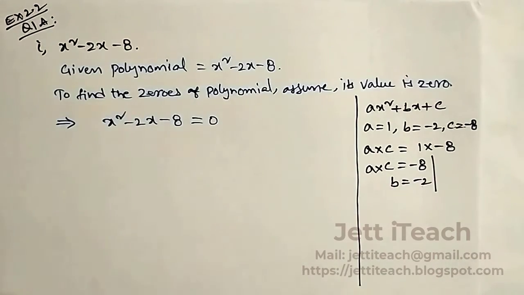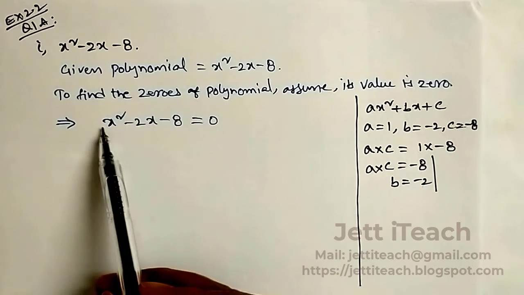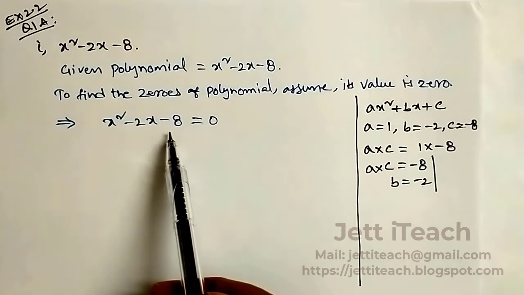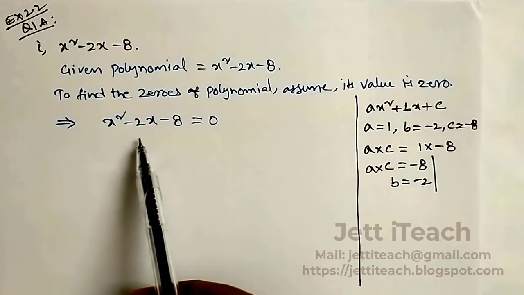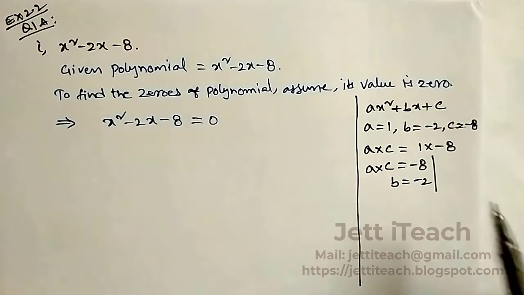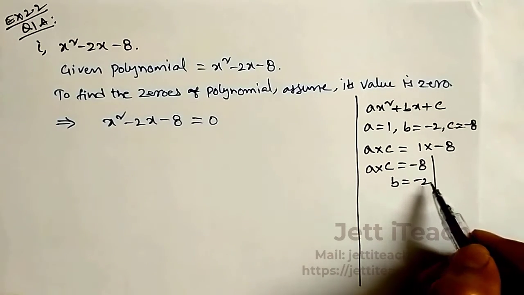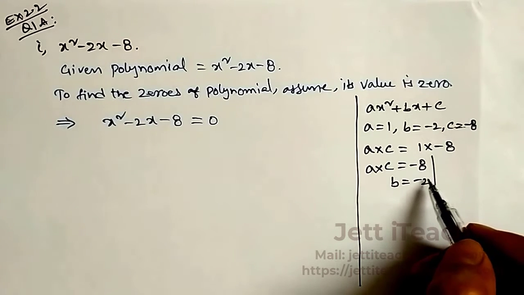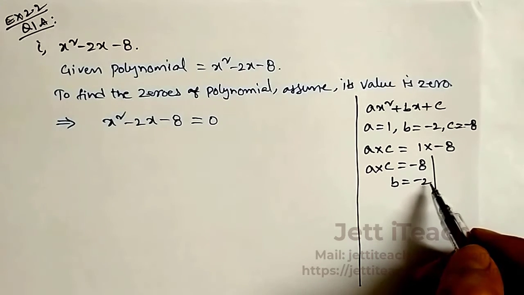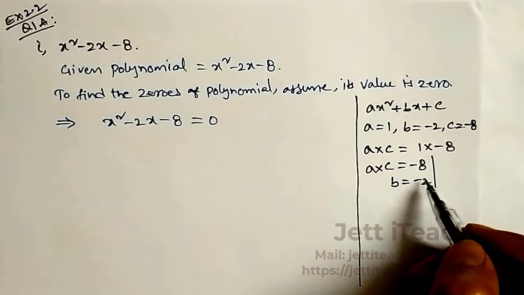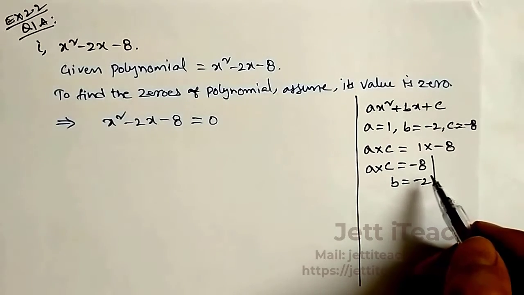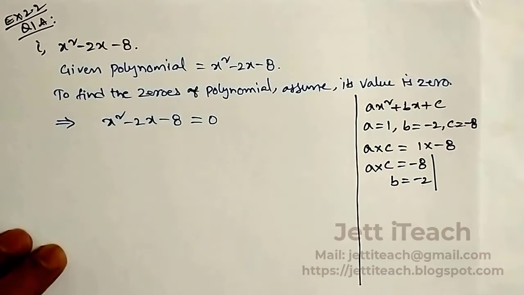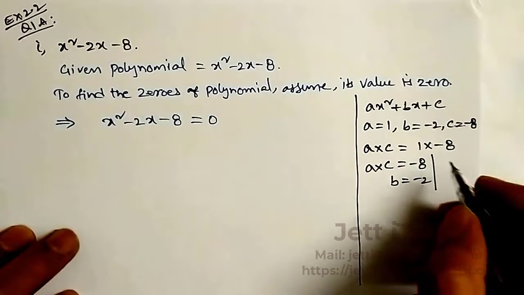Here is the ac value, here is the b value. a means coefficient of x square, c means the constant term, and b means coefficient of x. We got two numbers, minus 8 and minus 2. We need to split these two numbers in terms of two integers. What are the common integers for both?